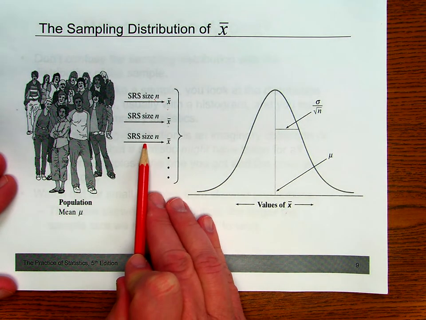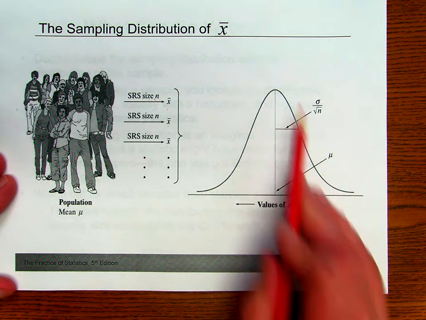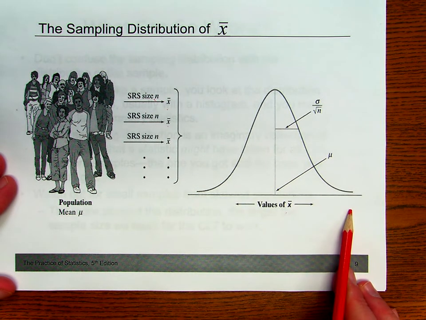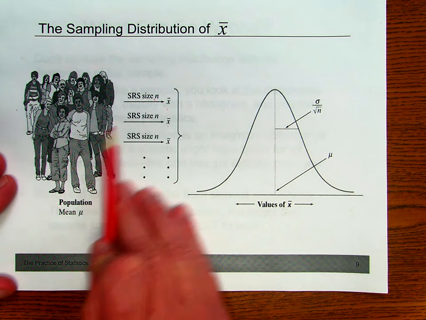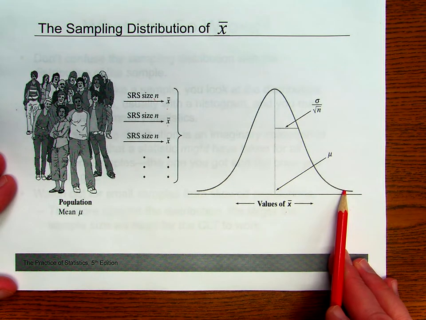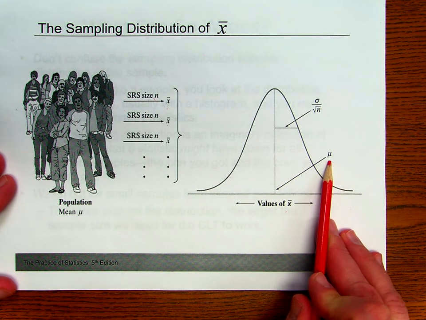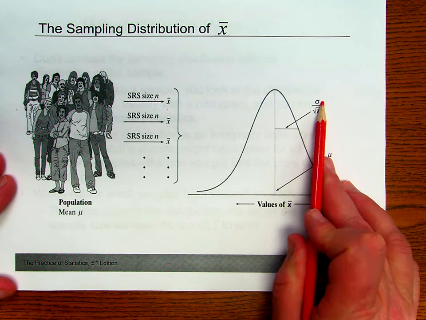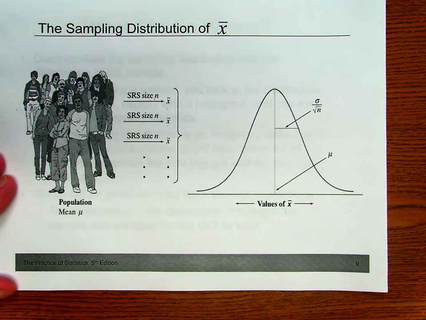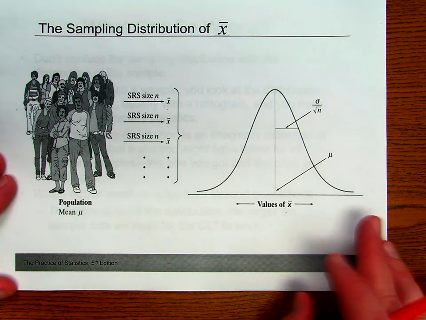Third sample, size n, calculate the sample mean, plot it, etc. If you were to plot all possible sample means of size n from this population, this distribution would be approximately normal. The mean would equal the population mean. The standard deviation would be the population standard deviation divided by the square root of n, assuming the 10% condition and all that other stuff gets met.